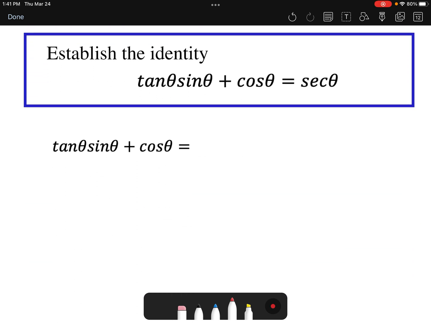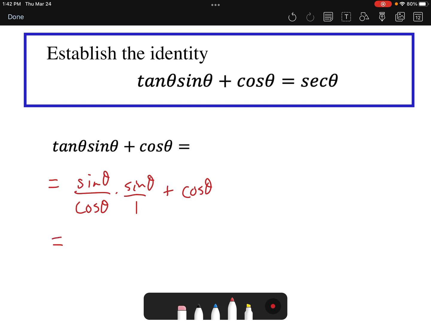Again, establishing this identity, it looks like the left side is certainly more difficult than the right side. So what we need to do then is change the left side to make it look like the right side. So I'm going to start with tangent, and I'm going to change that to sine over cosine times sine plus cosine. Now you ask, why did you do that?